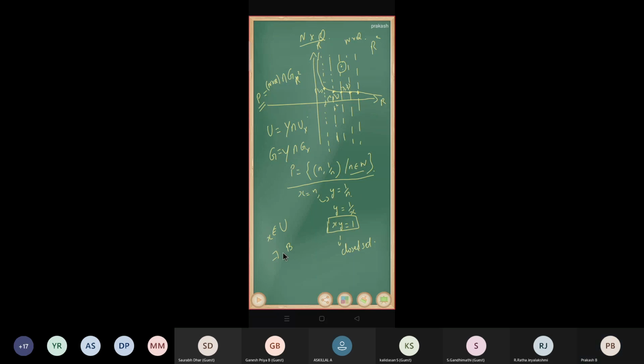This is the condition for an open set. Now we want to check whether P is open or not. So I'm going to take an element from P, that is (1, 1). Corresponding to this element, I have to find a basis element B that must be contained in our set P. That basis element means an open set, right? So we have to find an open set.